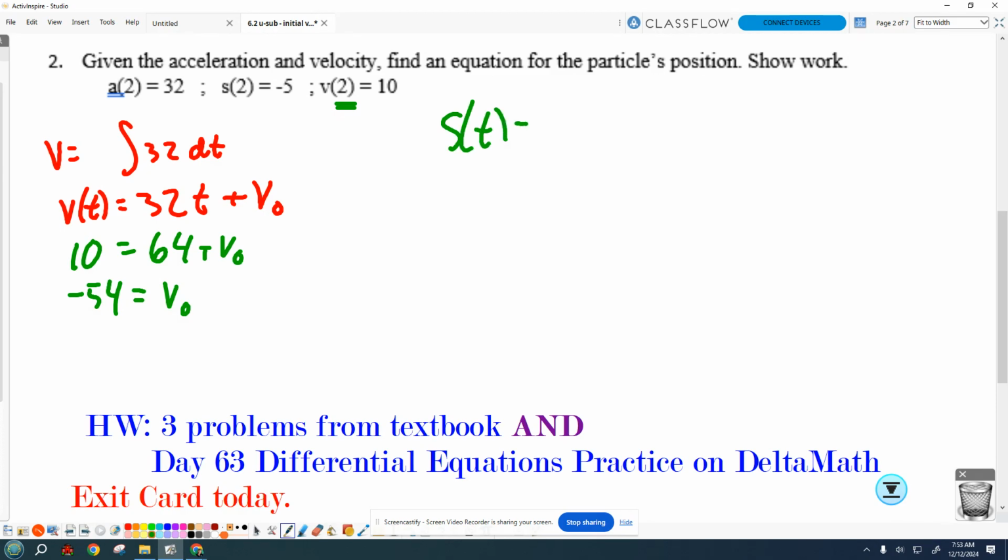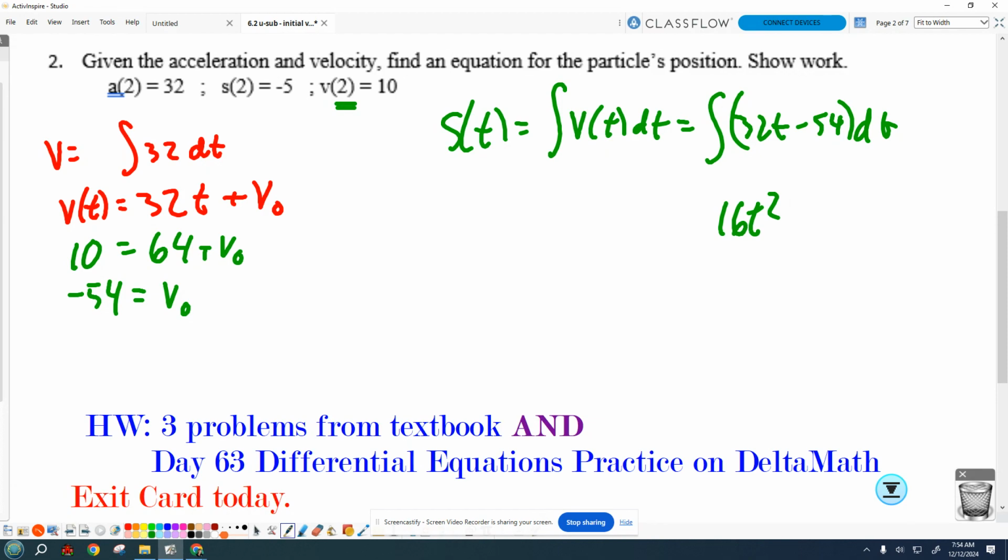And position is the integral of velocity, the velocity that I just figured out. V of 0, sorry, I solved for that. Integrate.